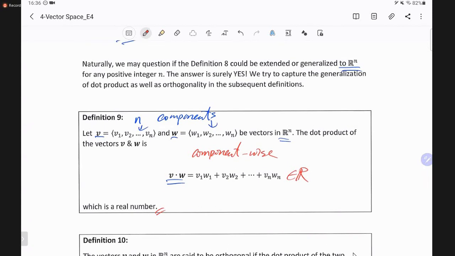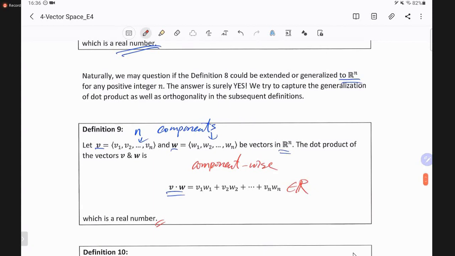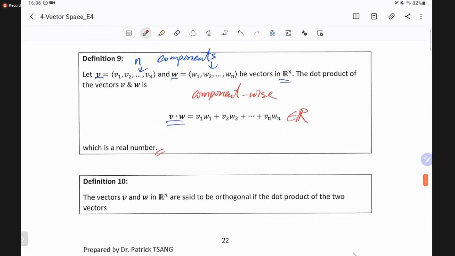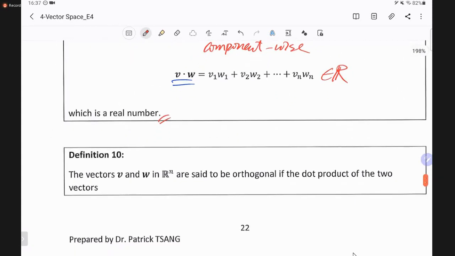Now it is time to move to the idea of orthogonality. What is meant by two vectors being orthogonal to each other? You should have some background about this, or you may have already learned it in some other course. When it comes to orthogonality of two vectors, suppose v and w are of interest.